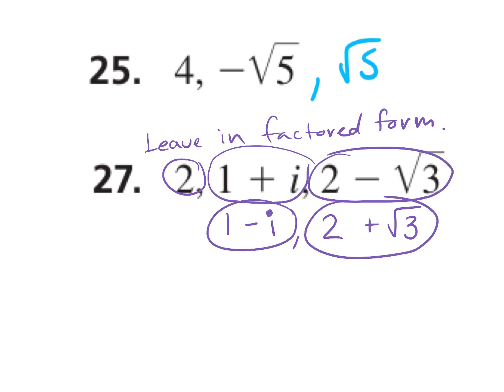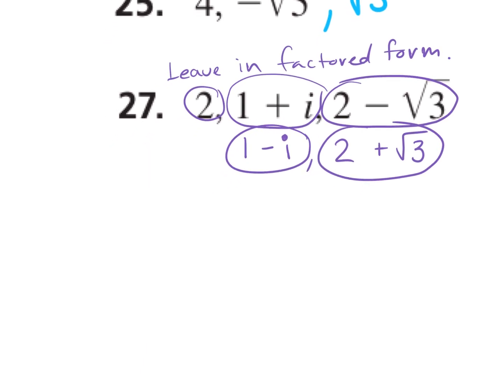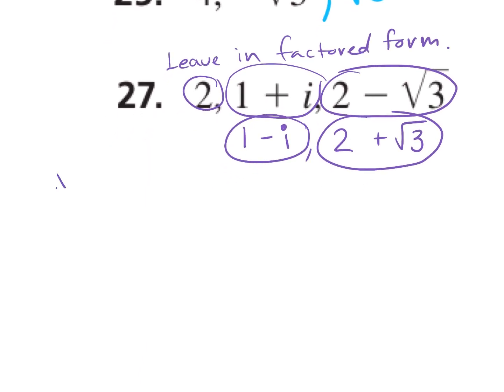So each one of these needs to be an x minus the number. So x minus 2, then perfect.